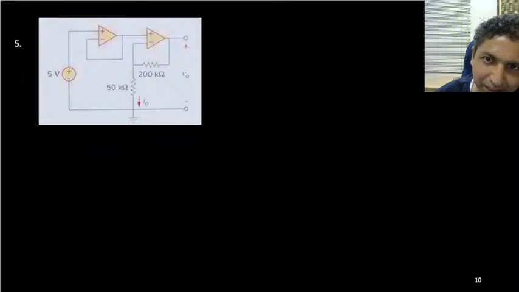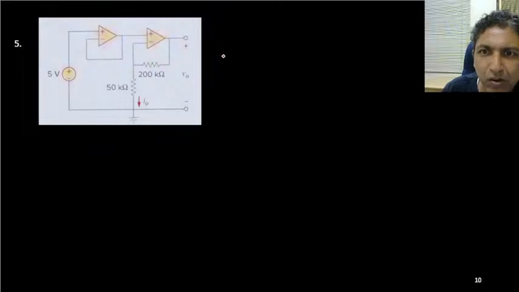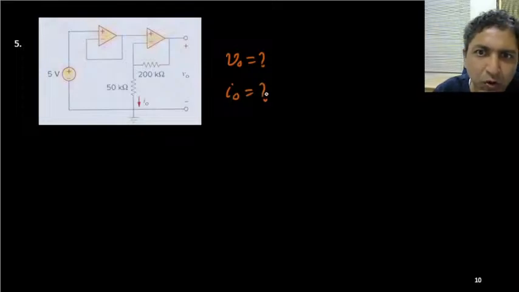Once you get a good concept on this one, then you can easily solve the problems. So for this one, can you find out these two? What is V0 and what is your I0? Both. These two we want to find out very quickly.